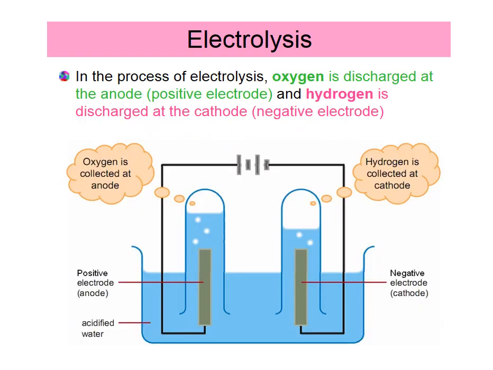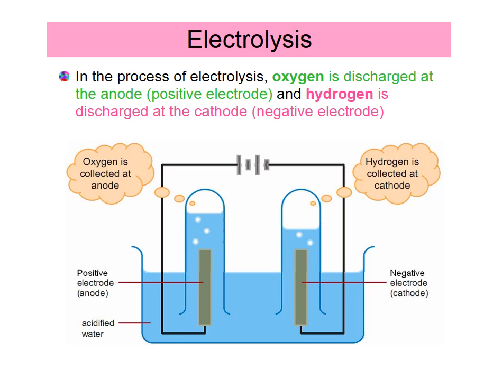In the process of electrolysis, oxygen is discharged at the anode, or the positive electrode, and hydrogen is discharged at the cathode, or the negative electrode. So at the positive electrode, the gas collected is oxygen. At the negative electrode, hydrogen gas is collected at the cathode.